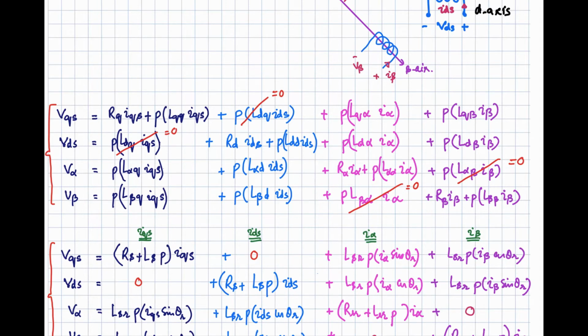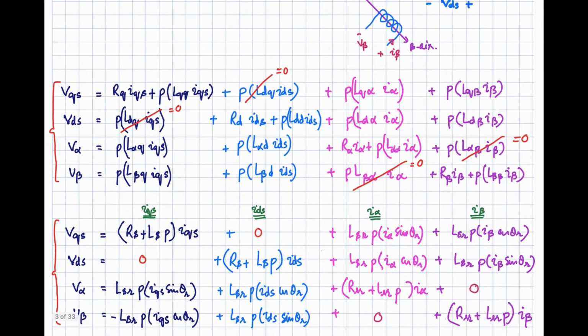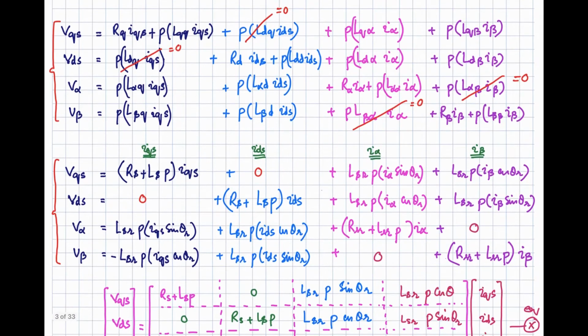Okay, so this set of equations will be simplified and can now be written like that. You can see the 0 over here, 0 over here, 0 over here, and 0 over here, right? First of all, the first modification that we have made is that we have considered LDQ, LQD, L beta alpha and L alpha beta equal to 0.